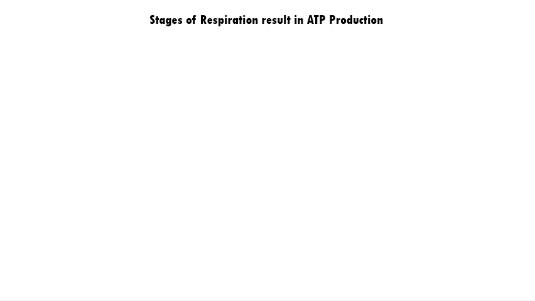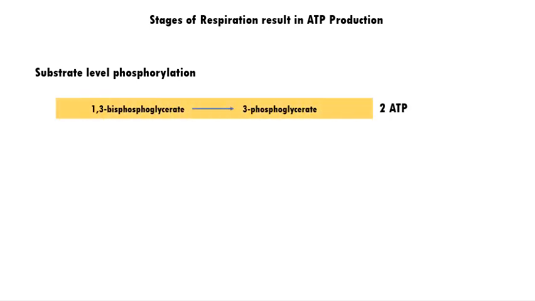Stages of respiration result in ATP production, where ATP refers to adenosine triphosphate, and adenosine triphosphate can be produced in two methods in respiration. The first method is substrate level phosphorylation.